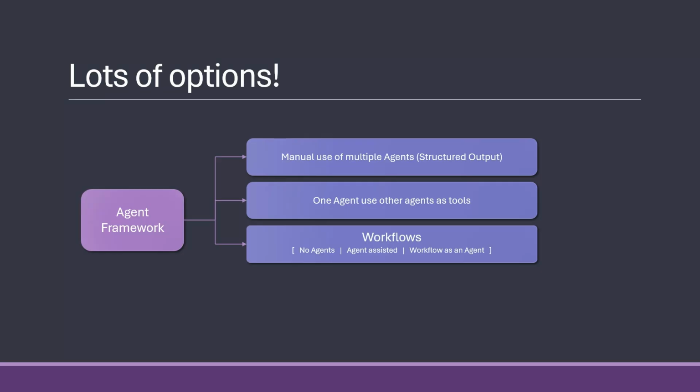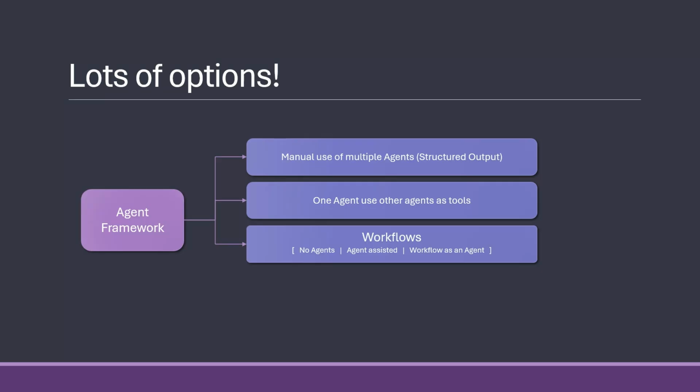That would have nothing to do with agents, and that would be perfectly legal to do in this workflow. But what you will probably end up using is to have them agent assisted, meaning that one or more of the parts of the workflow will have an agent involved, so it can do some work on the individual steps in a workflow.